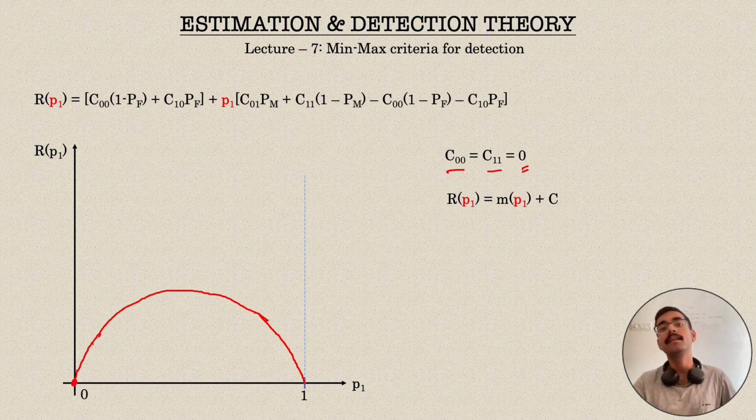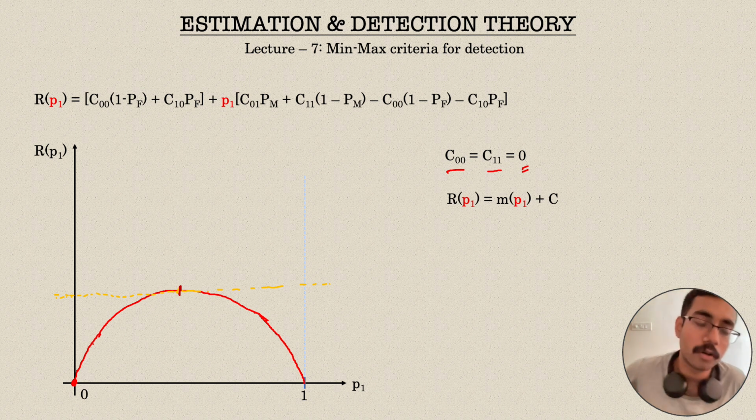And for the optimality, you can see that there is one point where this particular risk takes the optimum value, and this is exactly where the slope is 0. So when the slope is 0, then the risk has an optimum value. This is exactly the criterion for the minmax decision boundary, or the decision criteria rather to say.